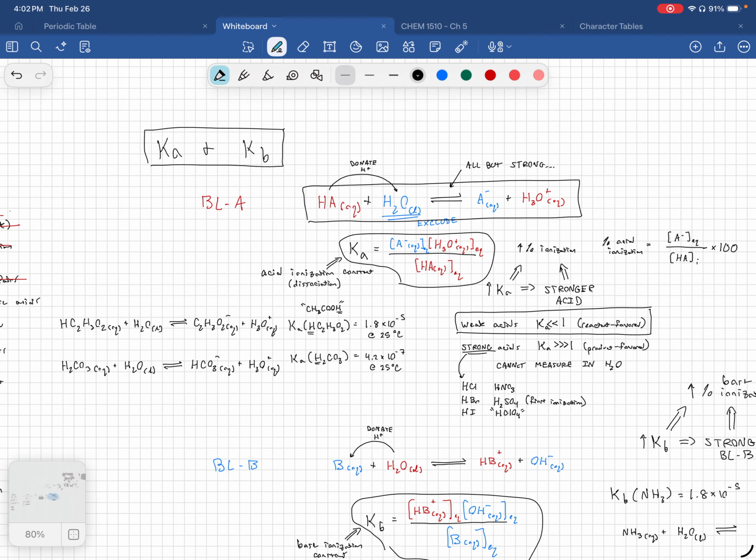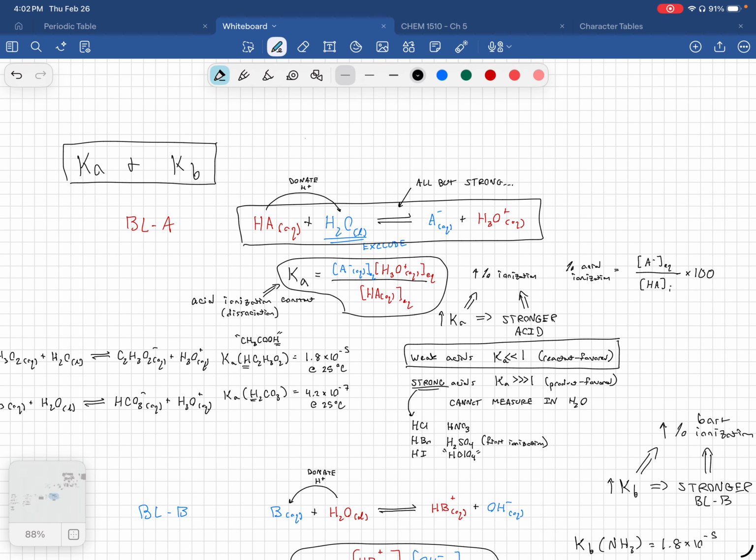So just note, for all of these, we look at the ability of the thing to donate to or accept from, in the case of a base, water.